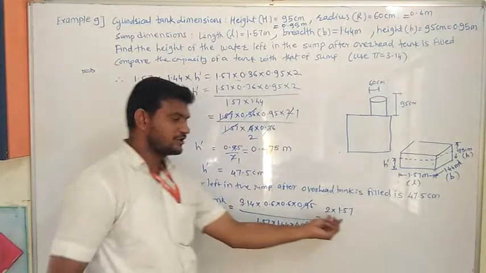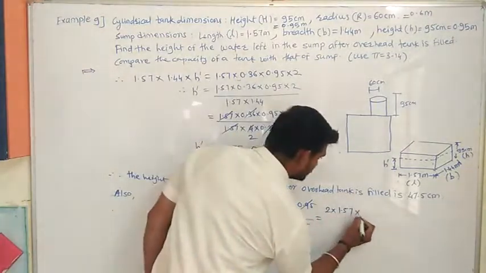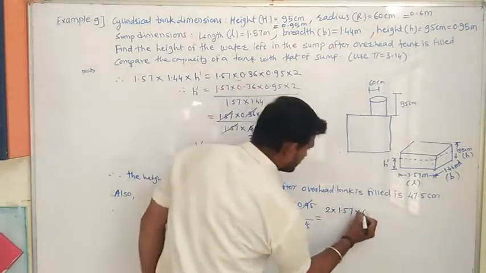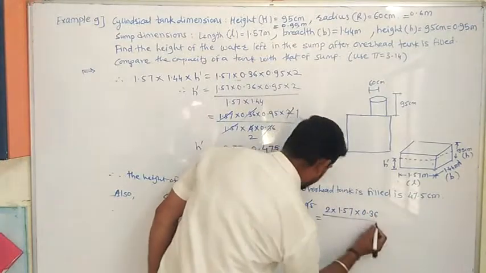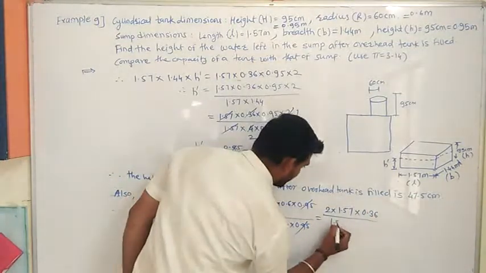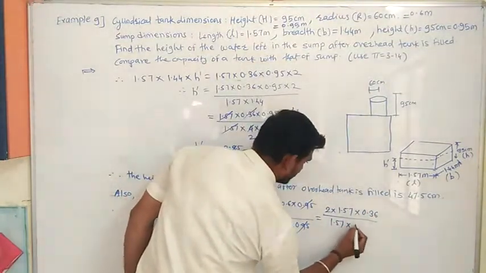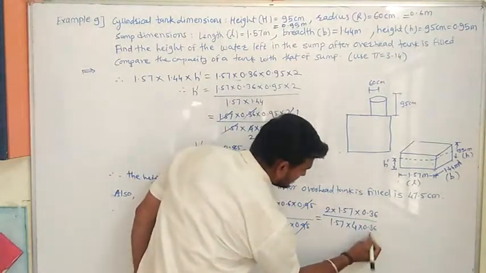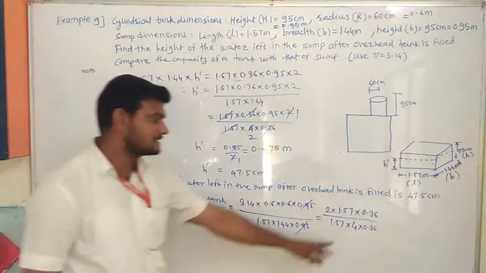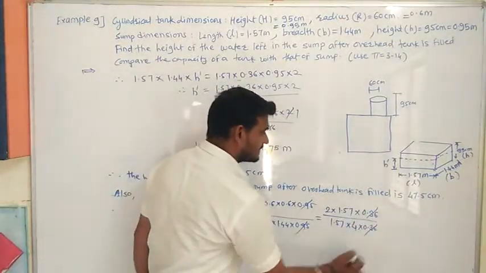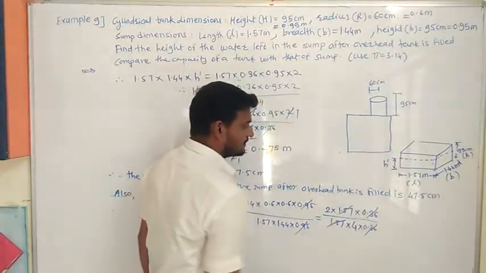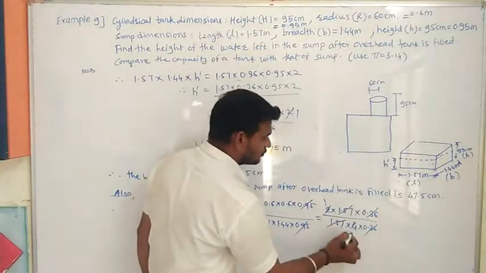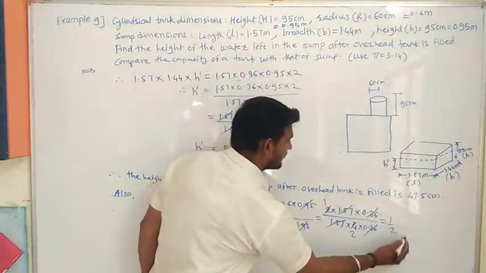So this is 2 into 1.57 into 0.6 into 0.6, which is 0.36, divided by 1.57 into 1.44. This 1.44 can also be written as 4 into 0.36. This gets cancelled, again 1.57 gets cancelled. 2 ones are 2, 2 twos are 4, which is equal to 1 by 2.